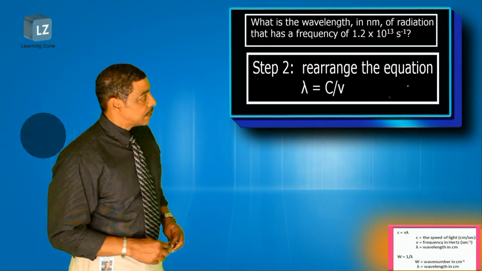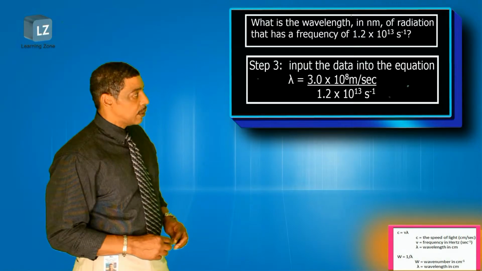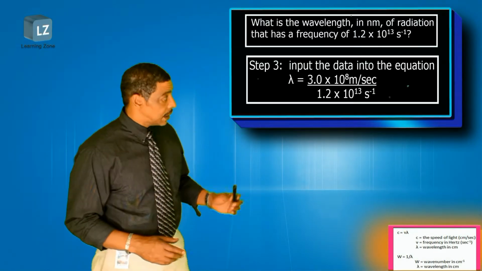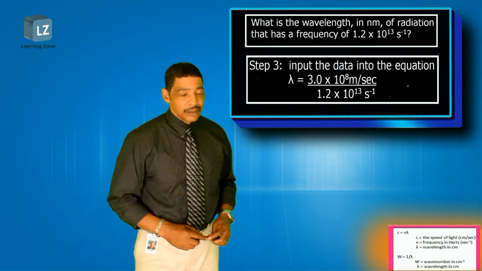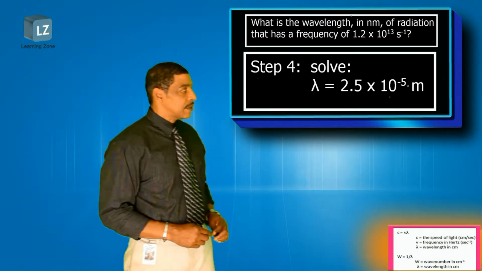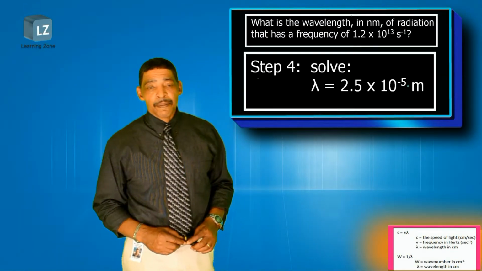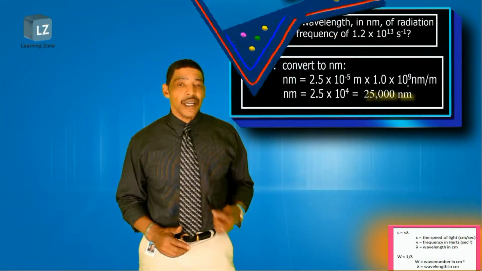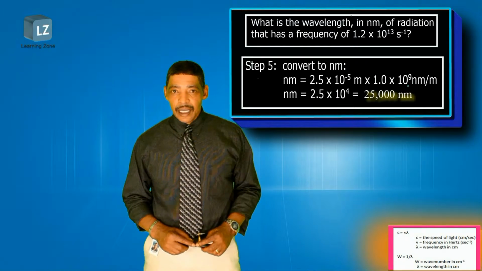Inserting the data generates the following, where lambda is equal to 3.0 times 10 to the 8 meters per second divided by 1.2 times 10 to the 13 reciprocal seconds. And lambda will equal 2.5 times 10 to the minus 5 meters. The practice problem asks to solve the wavelength in terms of nanometers.